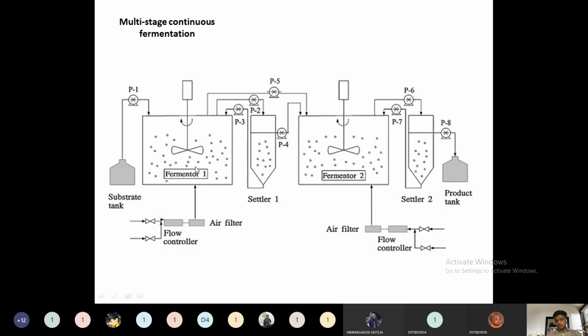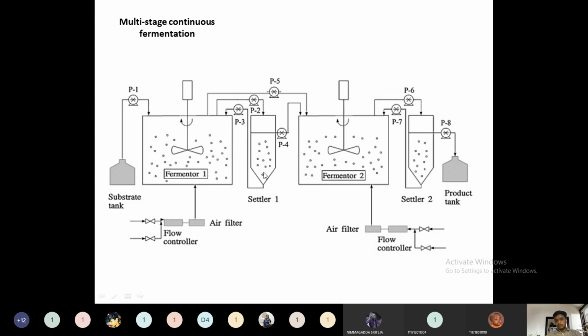So when fermenter 1 is used, the substrate comes from tank 1 to fermenter 1, where it is agitated, and the action of the microorganisms on the substrate takes place. Whenever there is some toxic product, or the bacteria give some unconverted products, these will be sent to fermenter 2.